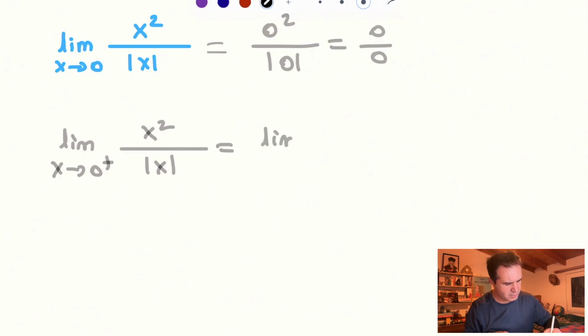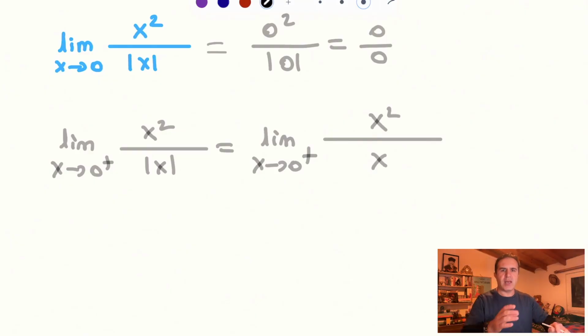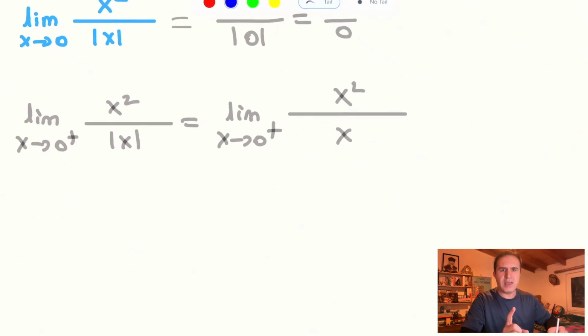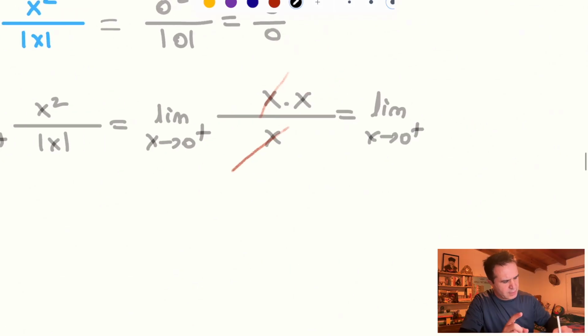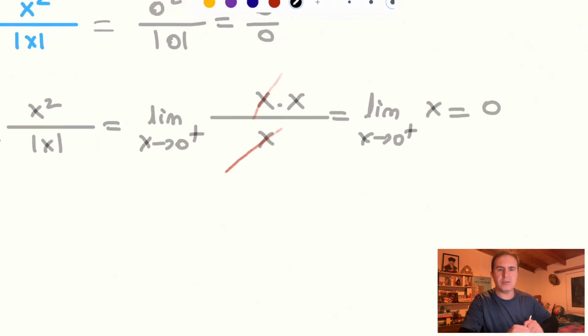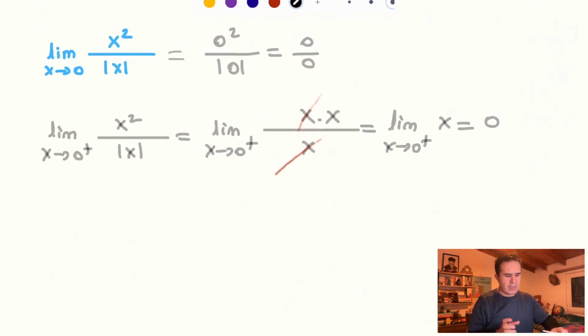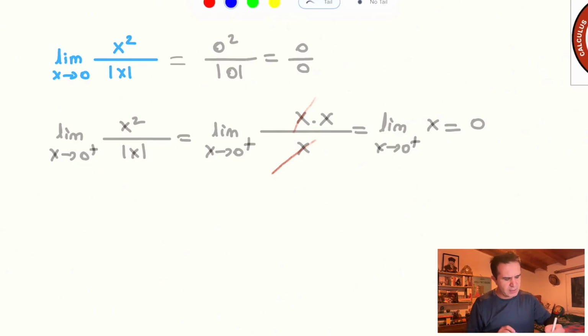So limit as x approaches 0 from the right, we have x squared divided by x, and we now have here x multiplied by x. We can cancel these x's and we get limit as x approaches 0 from the right of x, and this will be equal to 0. So as x approaches 0 from the right hand side, the expression goes to 0.